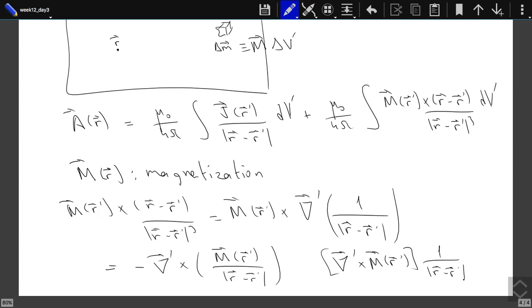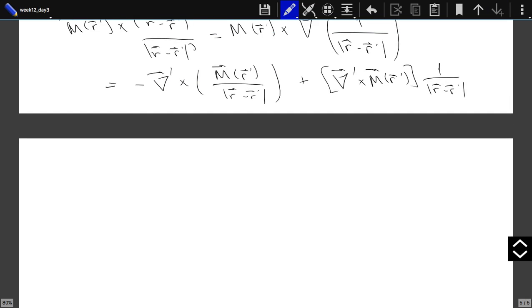What is the relative sign? Plus. Plus. Let's check. Let's be sure. Let me calculate this one. Curl of m of r prime times f of r minus r prime. F is my 1 over r minus r prime.